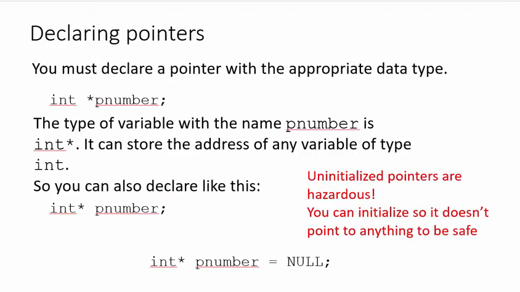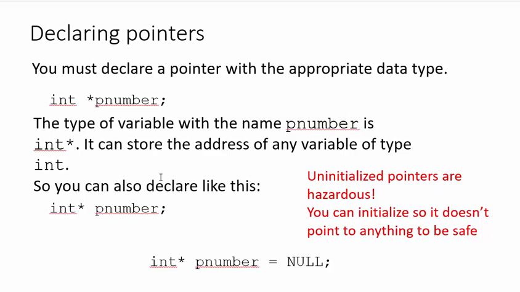So let's talk a little bit more here. Declaring pointers: you declare a pointer with an asterisk in front of the variable name. So the variable with the name p number is of type int with an asterisk.